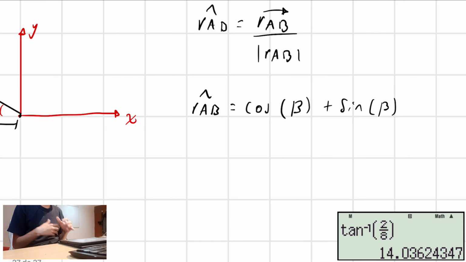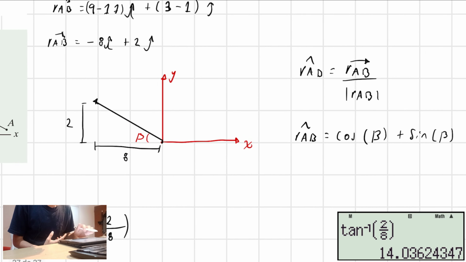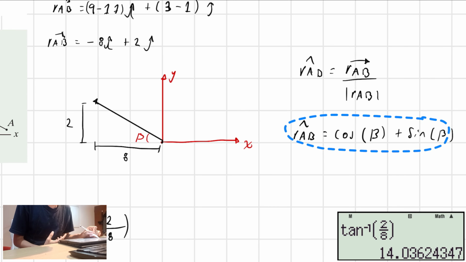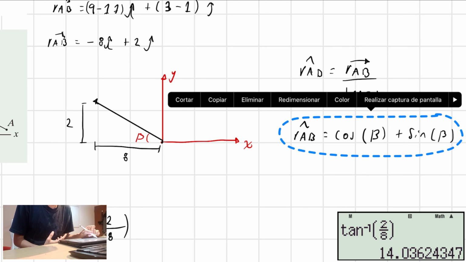Of course, we have to take into account some different variations to this equation. The first one, as you can see, this is negative. That means that in the unit vector, this should be negative as well. Remember, all we have to take into account when we talk about unit vector is the direction. So we must do it correctly.